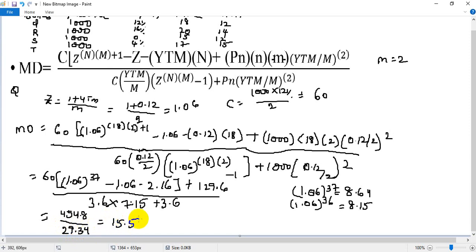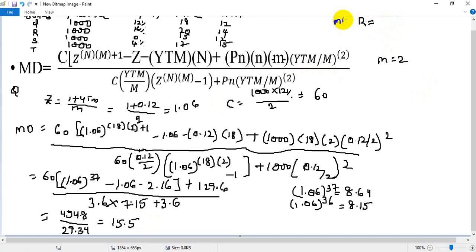15.5 as such. In a similar manner you need to do for all of them, for R, S and T. I hope it is clear to all of you. For Q you got that.